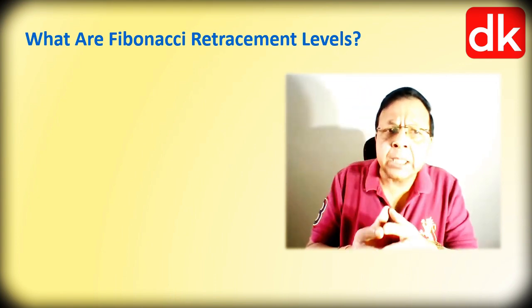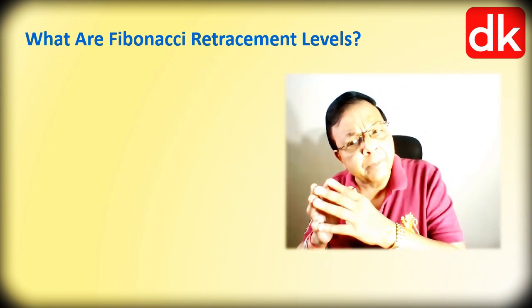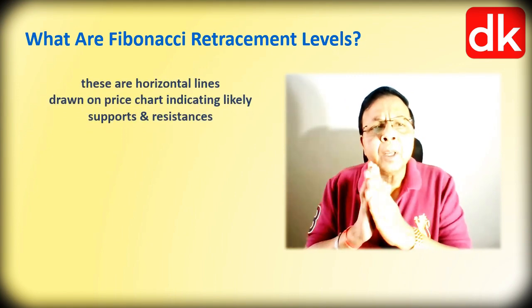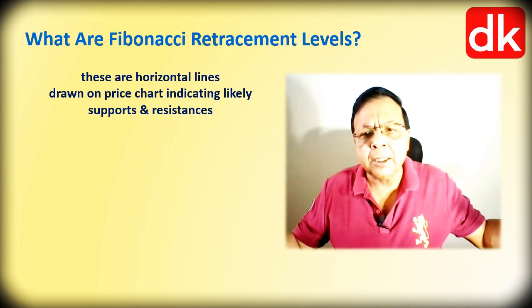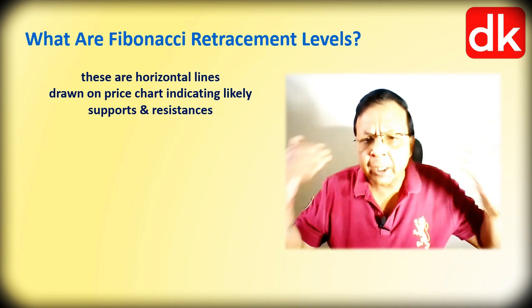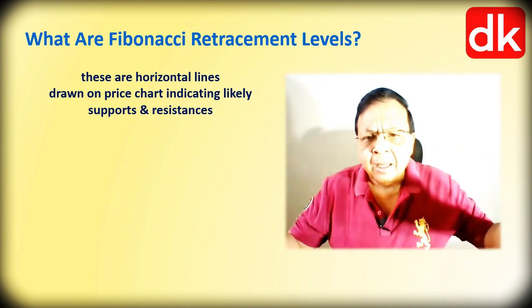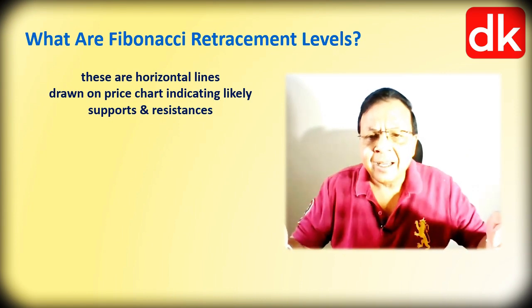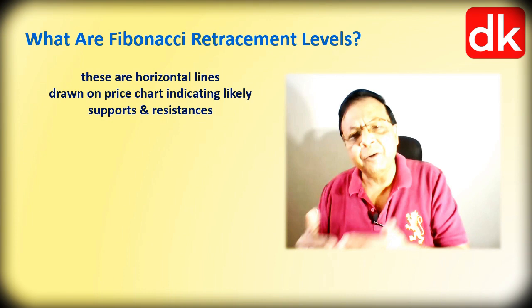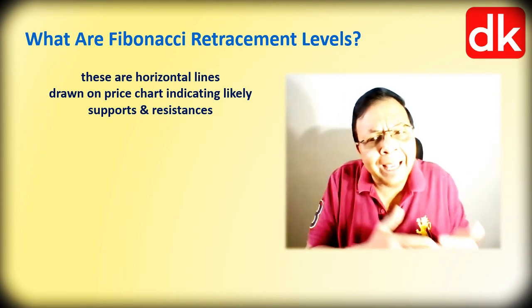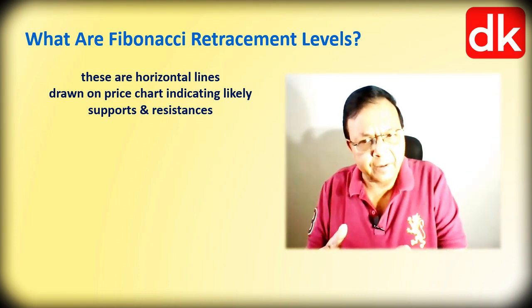So let us now understand what are the Fibonacci retracement levels. These are simply horizontal lines which are plotted on the price chart and indicate the supports and resistance with respect to the prior impulsive wave.